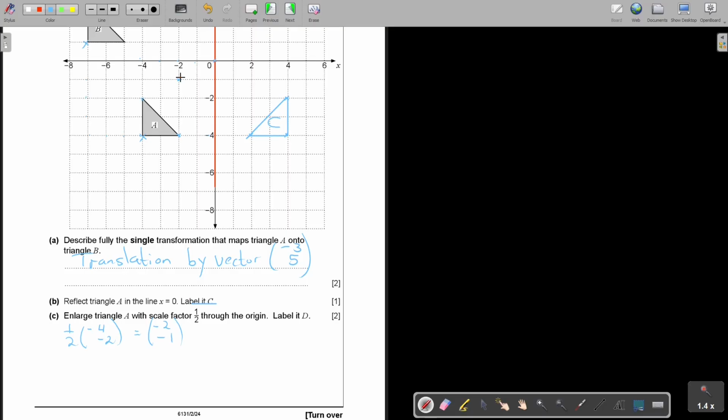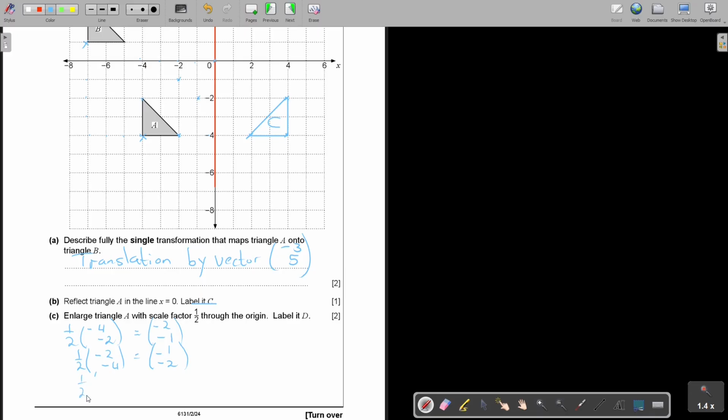Okay, and then to this one, exactly the same every time. It's -2 and -4. And if I multiply by a half or take half of it, it's going to be -1 and -2. And then I'm doing exactly the same with that last one to this. So it's -4, -4.